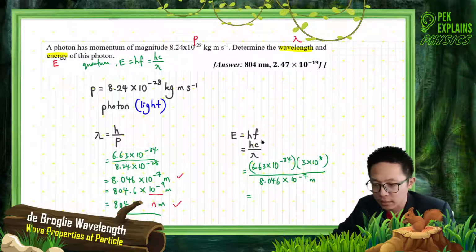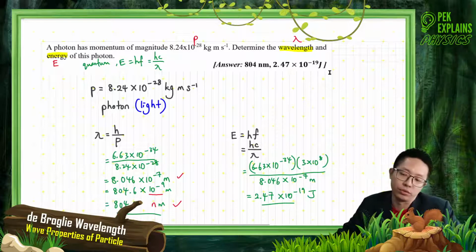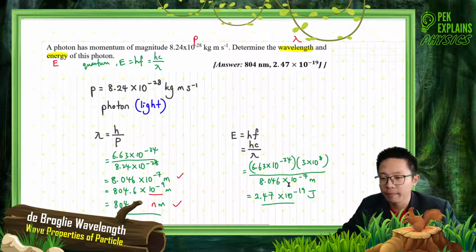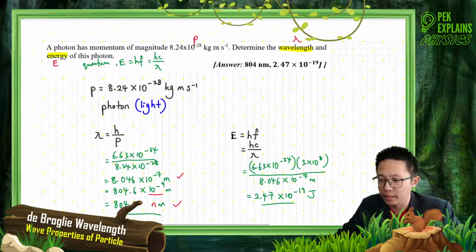The answer is 2.47 × 10^-19 joule. That's the answer. Is it correct? Yes, 2.47 × 10^-19 joule. That's correct.